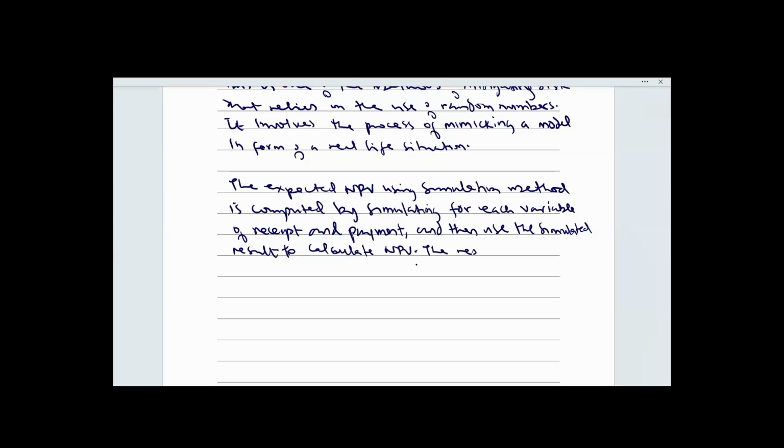The resultant figure is known as the expected NPV using the simulation method.